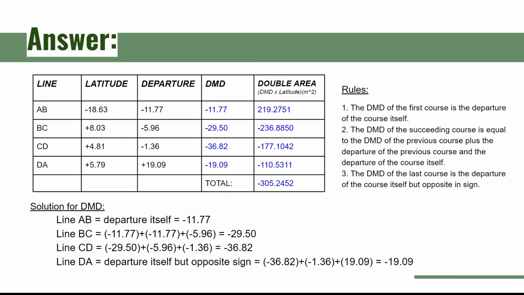To get the double area, we simply multiply the DMD and latitude of each line. So for example, for line AB, the DMD negative 11.77 multiplied by the latitude negative 18.63 will equate to 219.2751. The same process follows for the double area of the next lines.